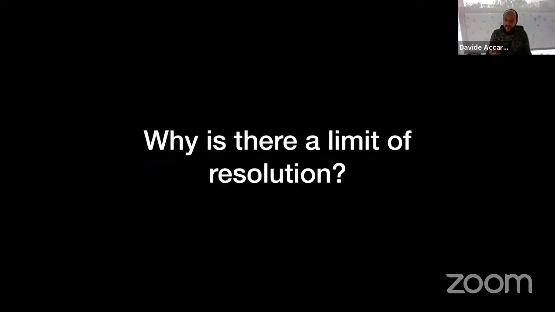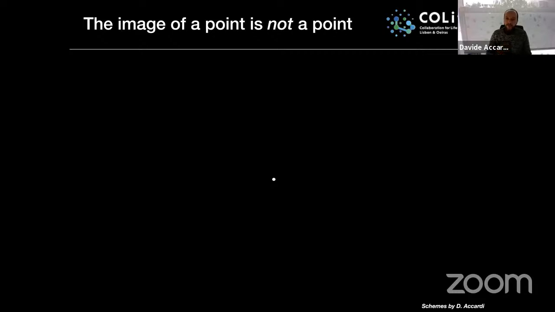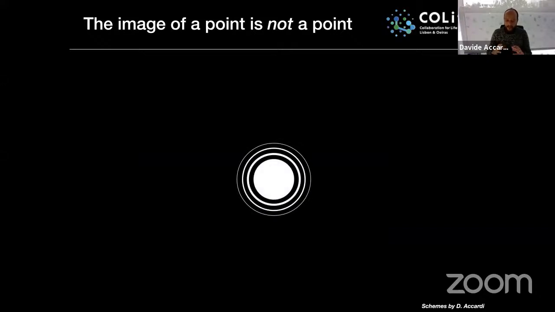But why is there a limit of resolution? The limit of resolution exists because the image of a point is not a point. This is very important, so please keep it in mind. The image of a point is actually a disk of light surrounded by a diffraction pattern that can be described as a concentric set of circles, alternately dark and light.